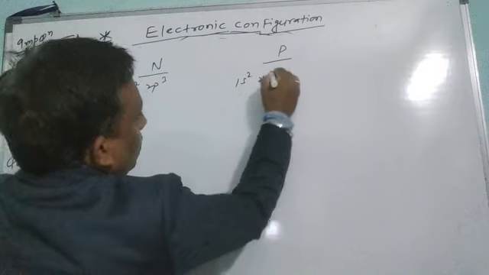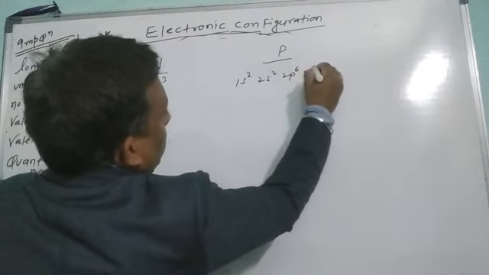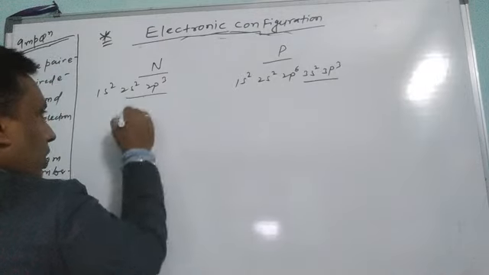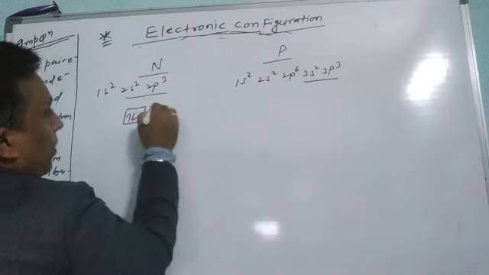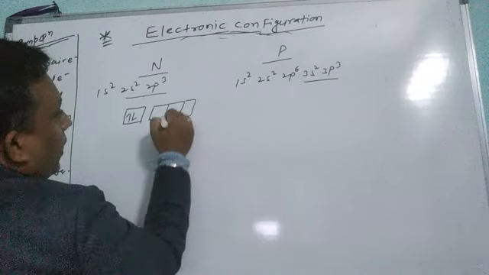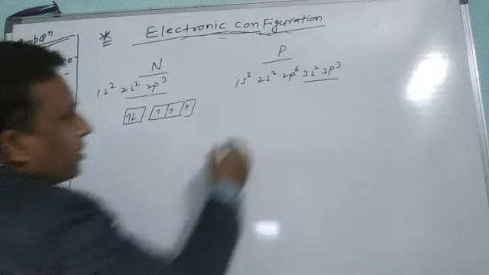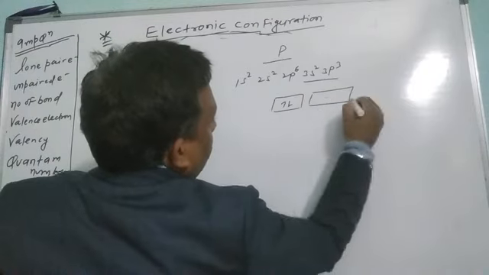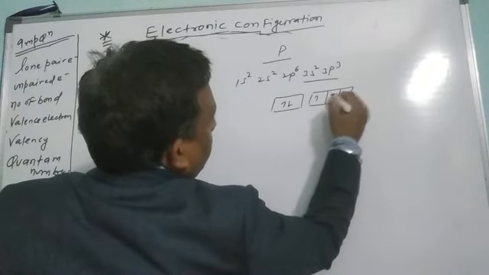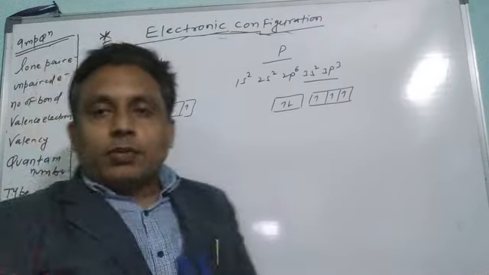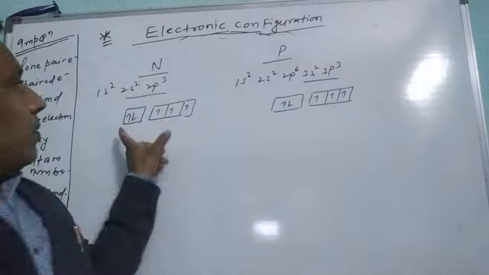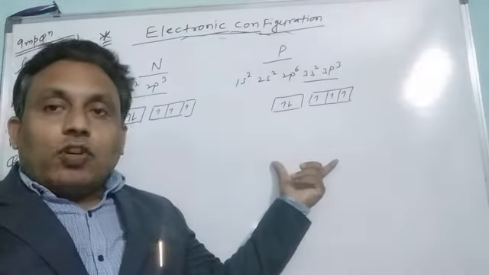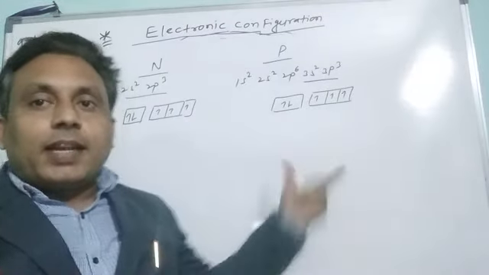Phosphorus is 1s2, 2s2, 2p6, 3s2, 3p3. Both have a similar number of unpaired electrons, but phosphorus makes 5 bonds, while nitrogen makes 3 bonds. So today we explain how many bonds are formed by nitrogen and phosphorus atoms.